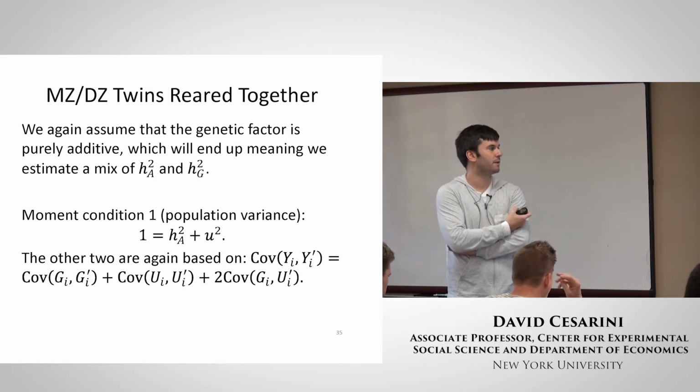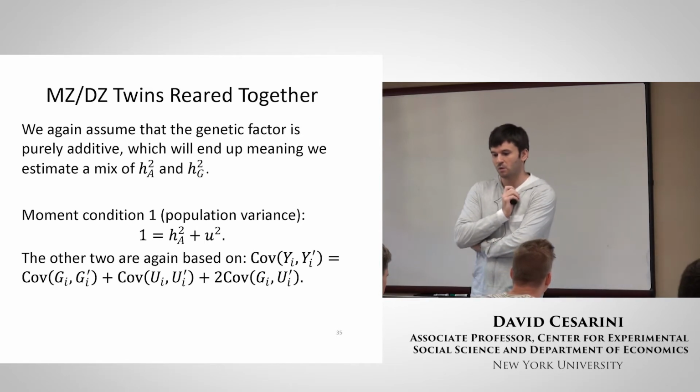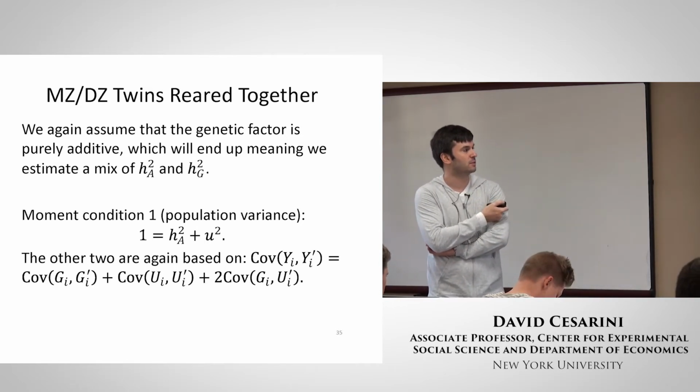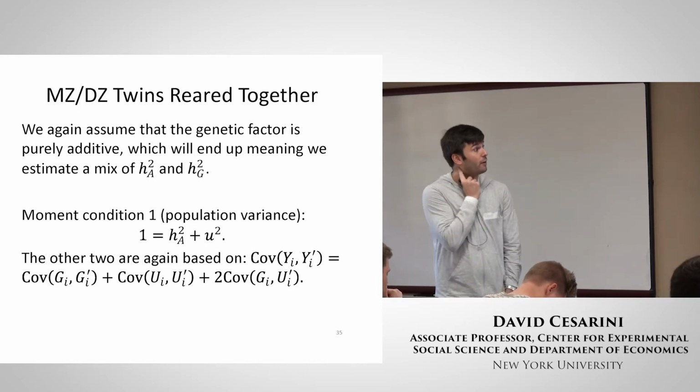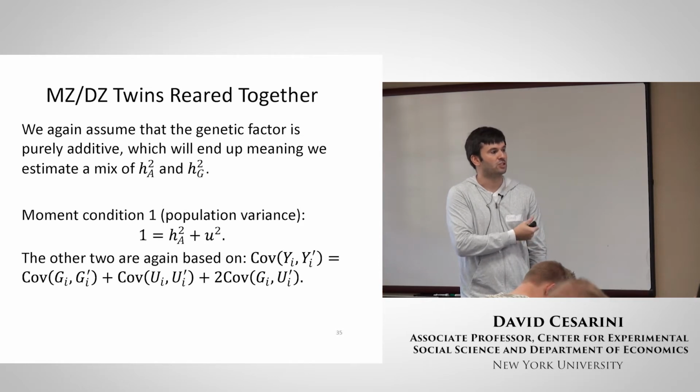But the idea is to compare the resemblance of monozygotic and dizygotic twins. So how does that solve the problem? Well, it adds an extra moment condition because MZ twins and DZ twins are obviously differently genetically similar. Under the assumption that the shared environmental effects are the same, we can just difference that out.